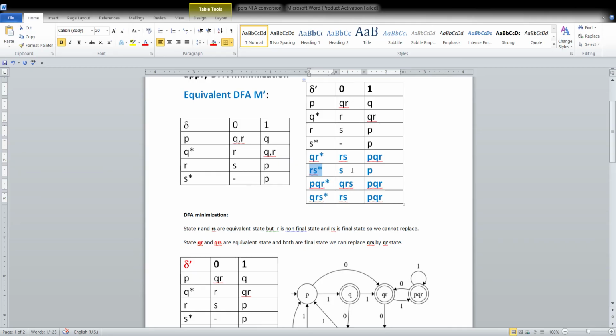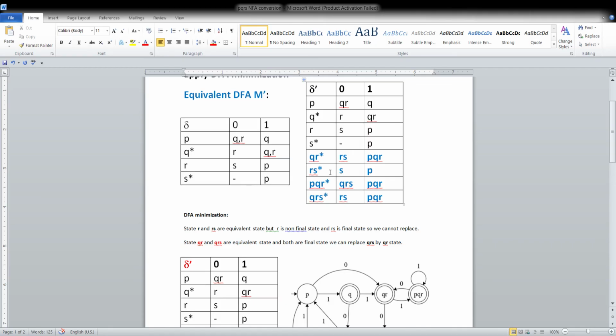These two states are equivalent because they go on the same transition on input symbol 0 and on input symbol 1, which is SP, right? But you cannot replace them even though they are equivalent because R is a non-final state and RS is a final state. So this cannot happen.